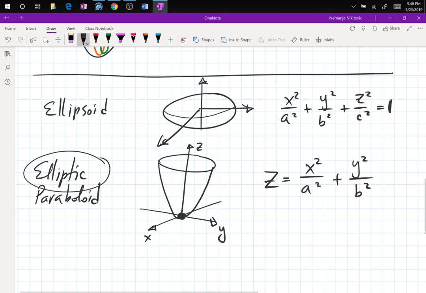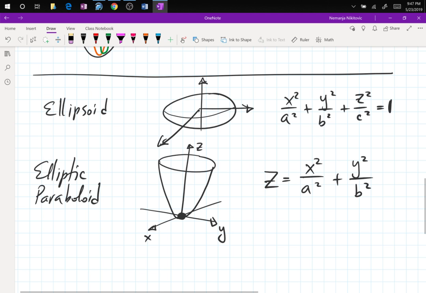Hence, elliptic. Can it be a circle? Sure, just get a and b to be the same number. Fine, it's a circle then. But the kick here is that no matter where you cut horizontally, this is like an inverted umbrella, right?